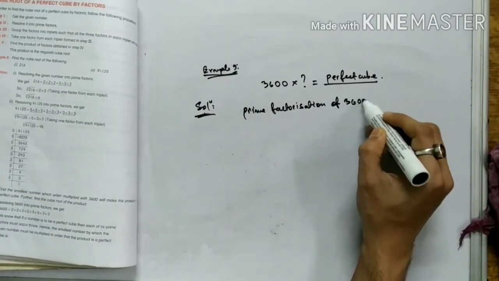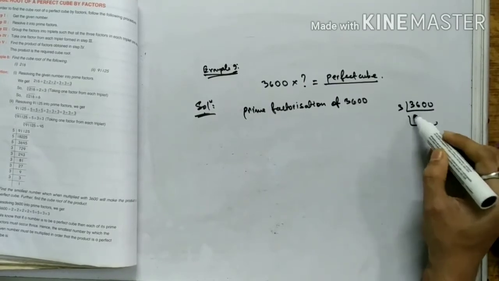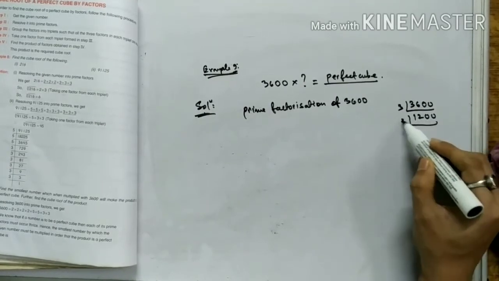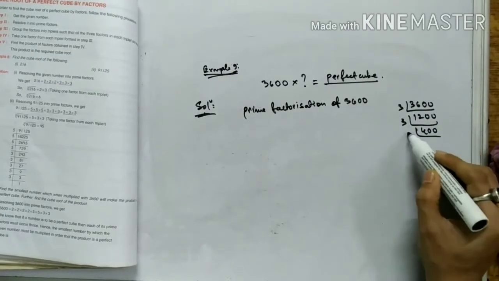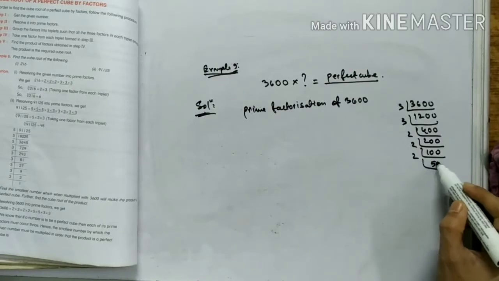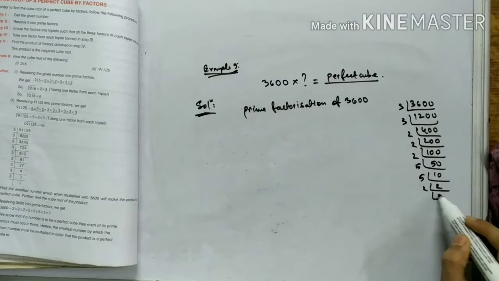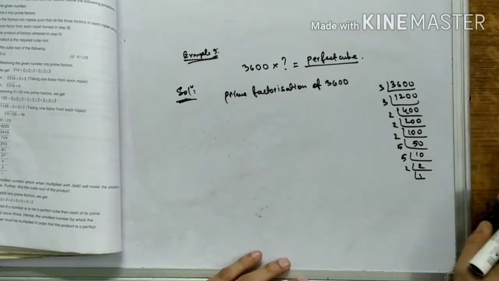of 3600. I will take out the prime factorization of 3600. So this is 3, 1200, 3 400, 2 200, 2 100, 2 50, 5 10, 5 2, 2 1. Prime factorization.